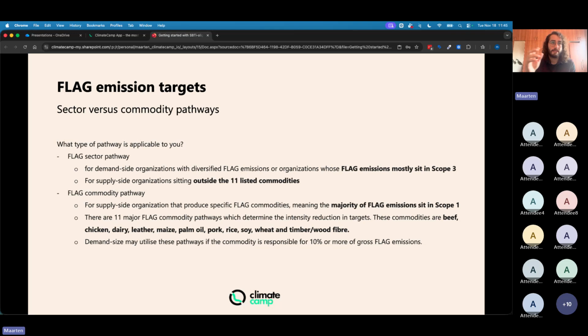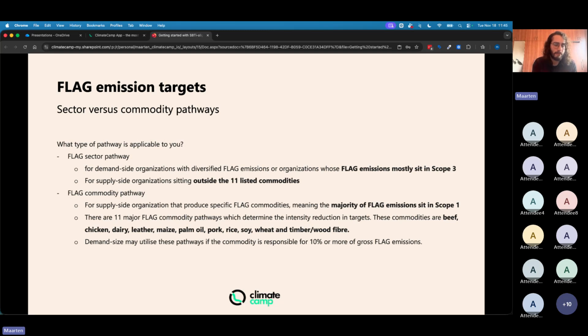For the FLAG sector pathway, it's demand-side organizations, the ones buying FLAG goods, so their emissions sit mostly in scope 3. And it also applies to supply-side organizations, but they are not one of the 11 commodities, which I'm going to list below. The FLAG commodity pathway is for these high-emitting, high-impact commodities. So it's supply-side organizations, which means their FLAG emissions will mostly sit in their scope 1.